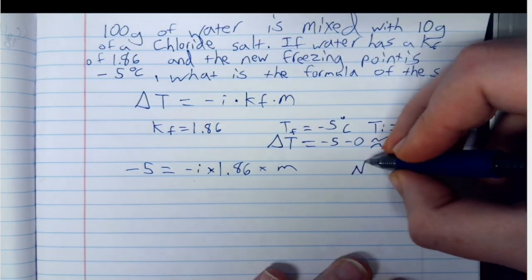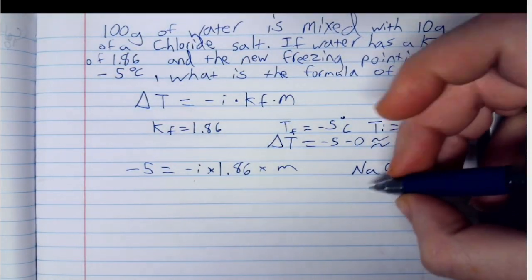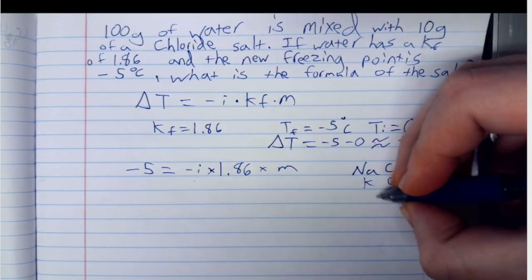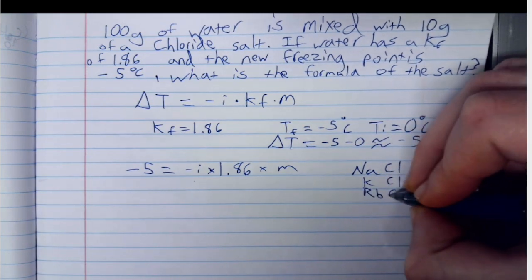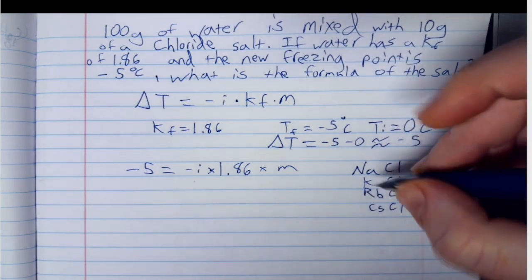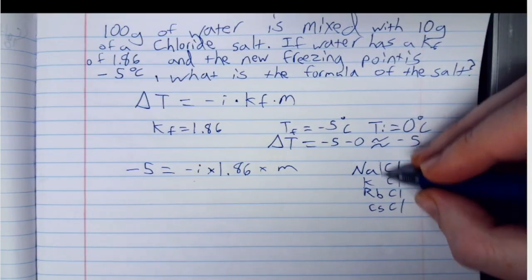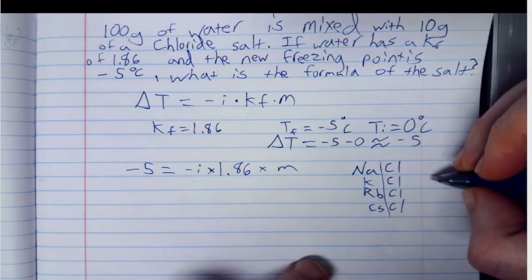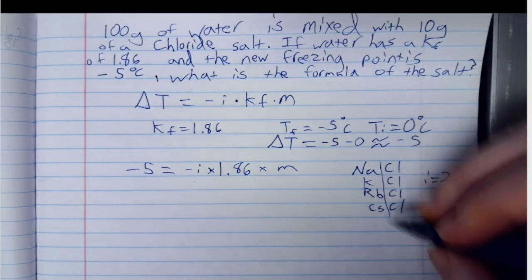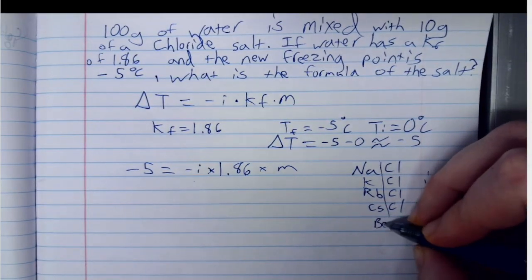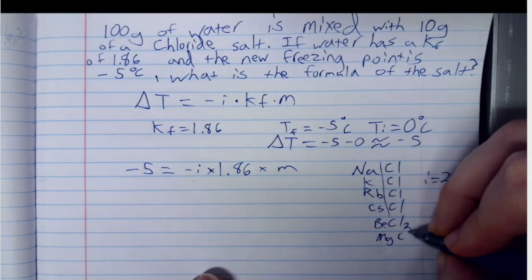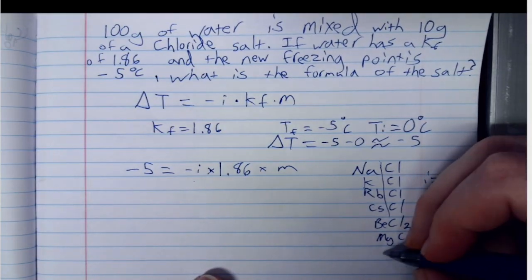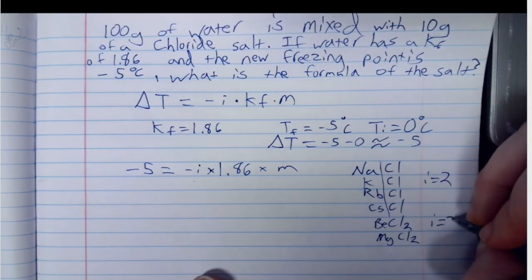If it was something like sodium chloride or potassium chloride, or rubidium or cesium, all of these would have an i of 2. It would split into the cation and anion. If it was something closer to, say, beryllium chloride or magnesium chloride, and so on, you would have an i of 3. So we can try it with an i of 3 and see what comes up.